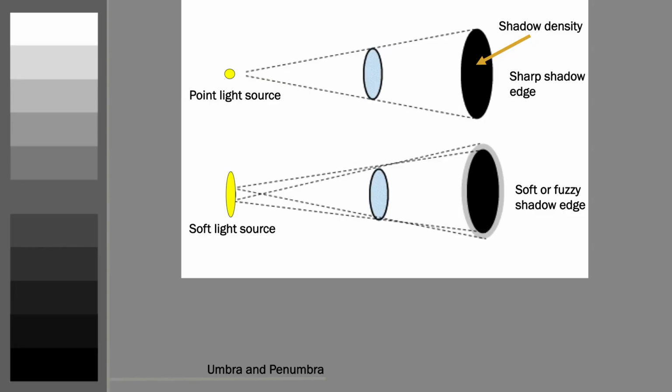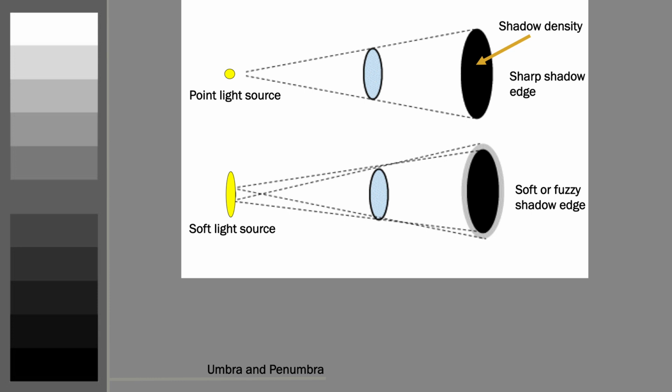Just very quickly, we won't spend too much time on this. You can see, though, from the effect of a point light source, a very small light source, on the gradient around the shadow, it's very sharp. A soft light source produces a very pronounced penumbra.